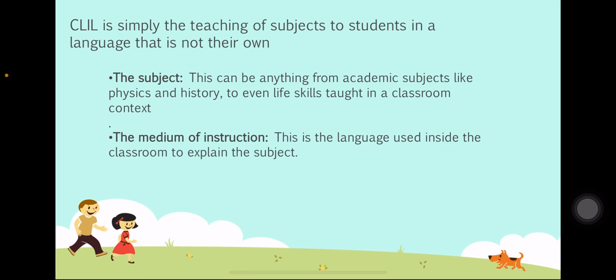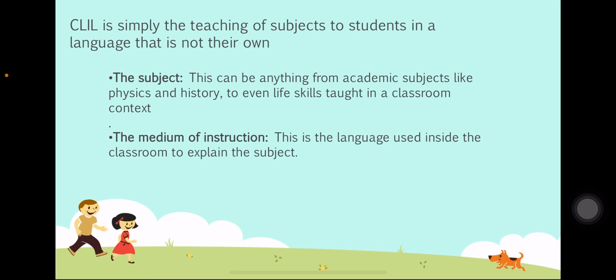It is important to mention that CLIL is simply the teaching of a subject to students in a language that is not their own. For example, if our native language is English, we are going to learn Spanish through history. Two main characteristics are the subject and the medium of instruction.